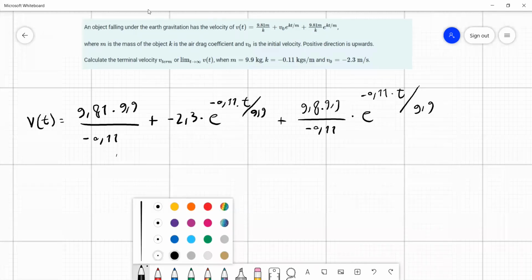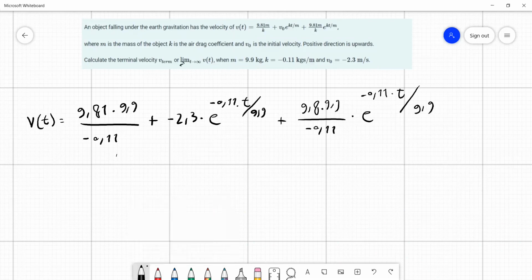Now that we have plugged in everything, you notice the question is hinting at taking the limit as time approaches infinity of vt. So what we are essentially doing is taking the limit as time approaches infinity of this equation.